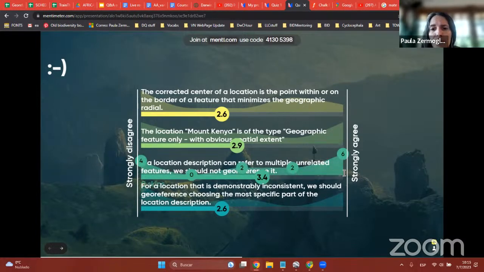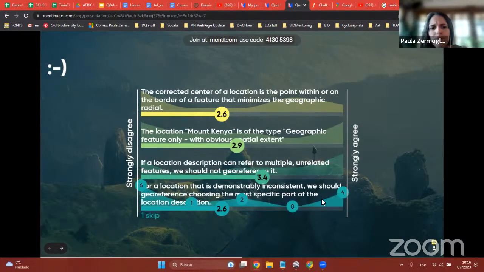And here is the trick: this word, unrelated features. If we have unrelated features, it means that the features are separate and they have nothing to do with each other. And we have no way of telling which one the location is referring to. And so if we cannot tell which one it is, we should not georeference it.